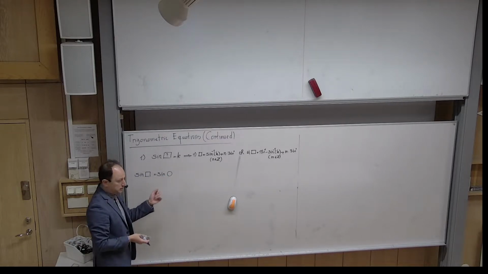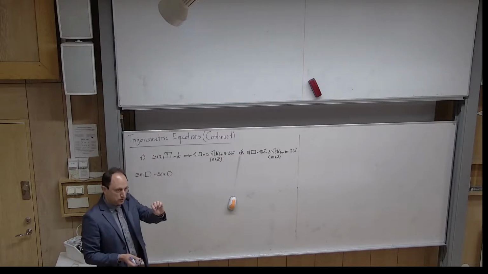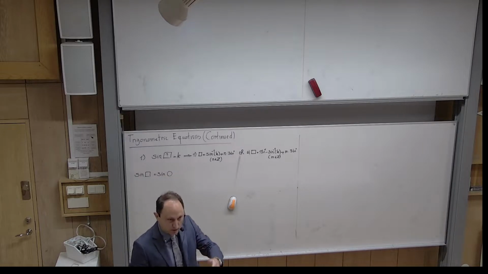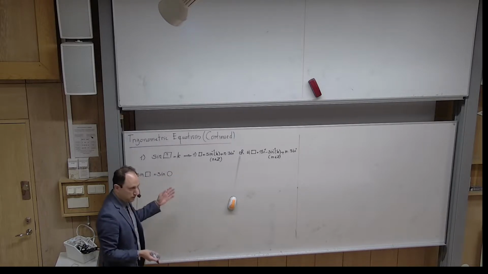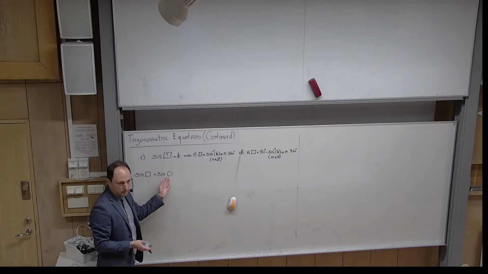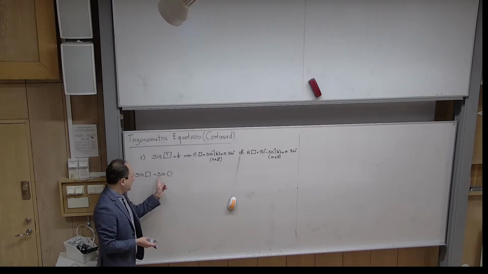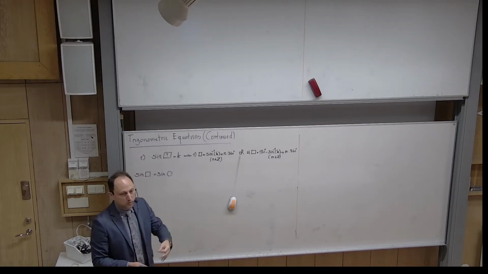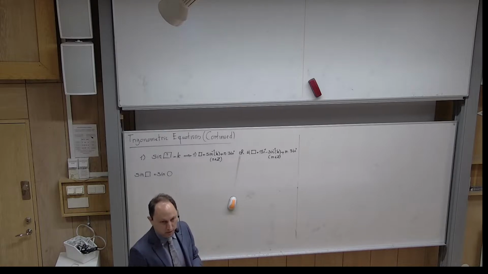That is clear. But is it the only possibility? Clearly not. For example, 0 degrees and 360 degrees are both at the same point, even though the angles are quite different, but the sines are the same. So if you just conclude that this box is equal to the circle, that is only one possibility among infinitely many possibilities.